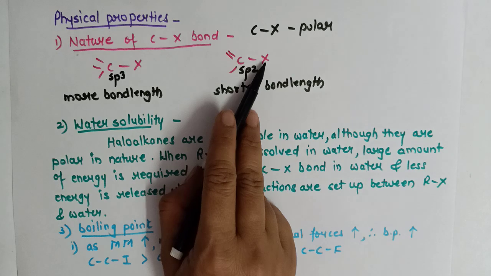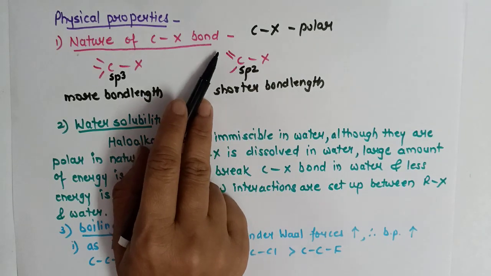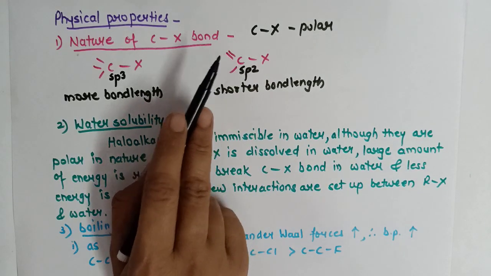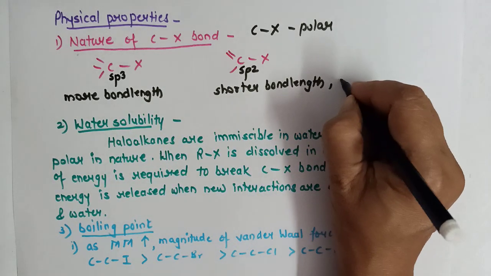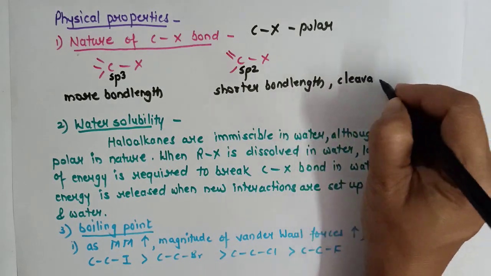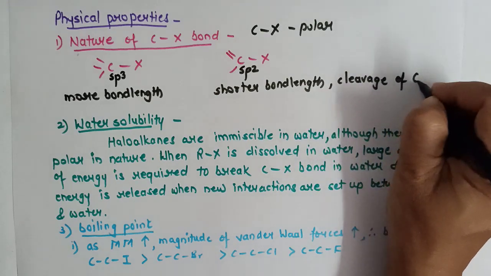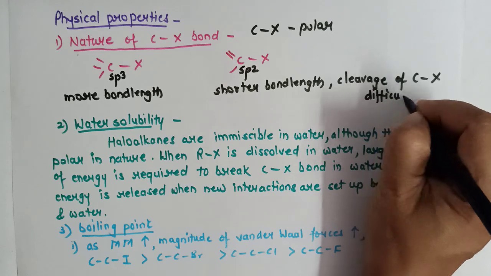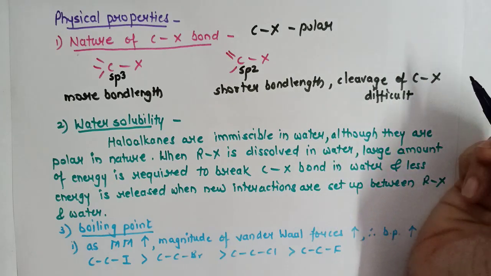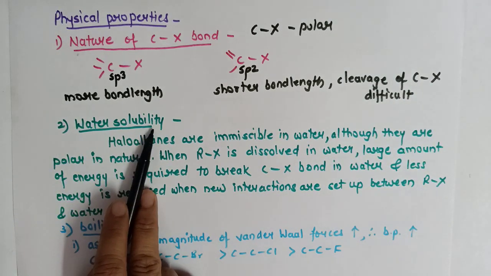That means whenever halogen is attached to a doubly bonded carbon atom, whether in case of haloalkanes or haloarenes, the cleavage of the carbon halogen bond is difficult.